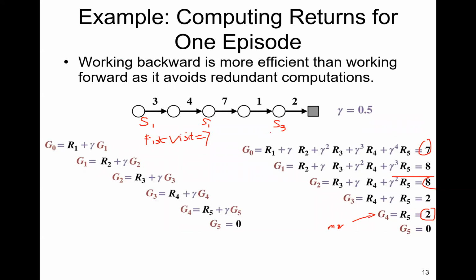It's reasonable because in S3 you're closer to the terminal state, so the estimation of its return should be more accurate than the previous visits. Sorry, S1, same state.